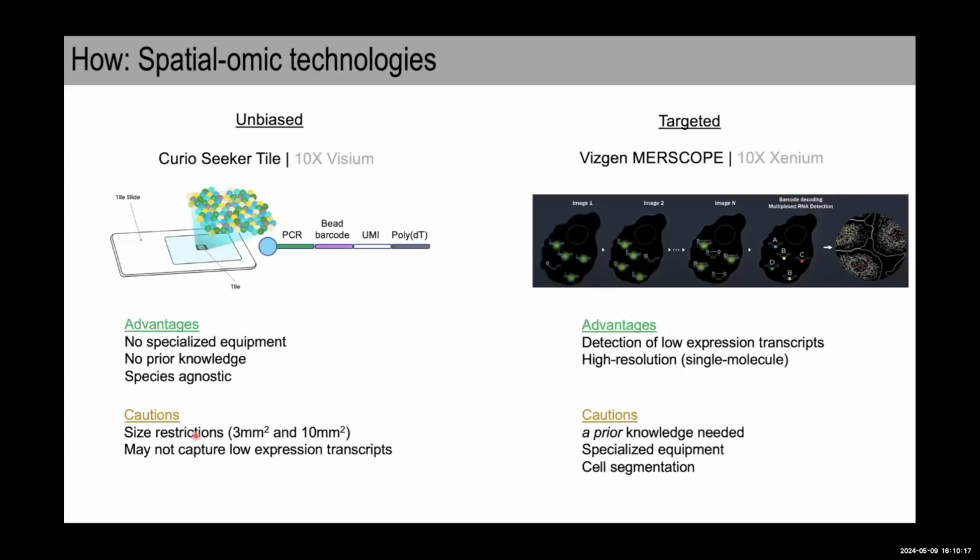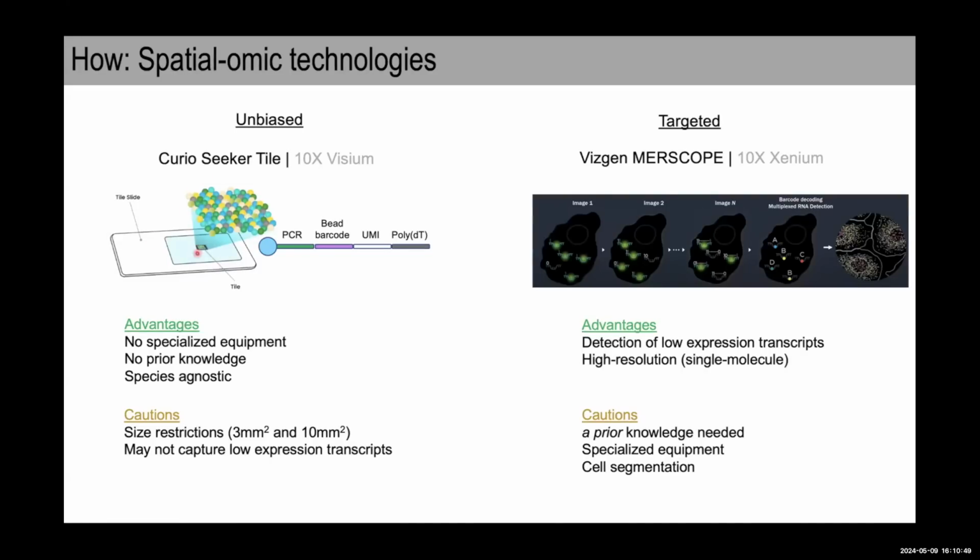And just talking briefly about the technologies, these are some of the methods that we use in the Ecker lab, but there are also other alternatives. This can be split into two categories. If anyone saw the talk earlier, there's the unbiased approach, which is sequencing based, and what we used was a reagent called the Seeker tile from Curio.